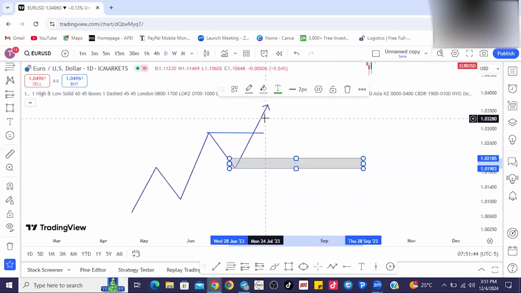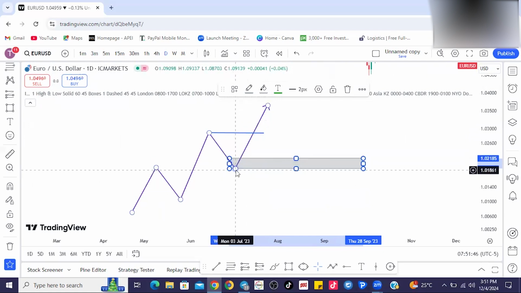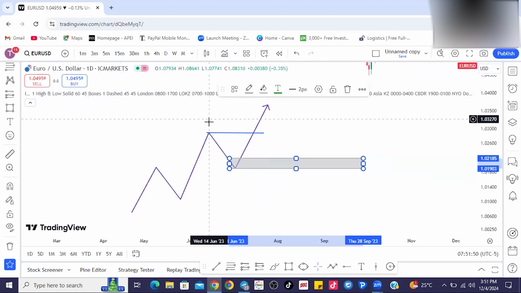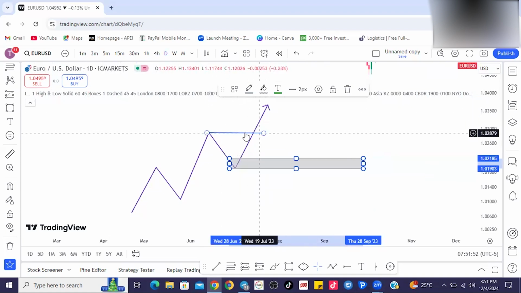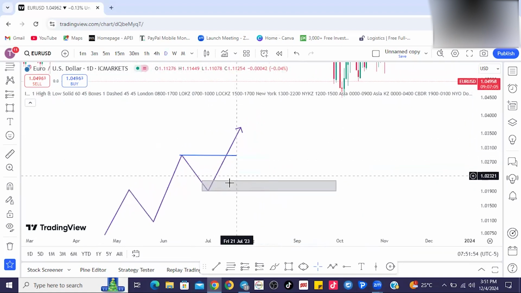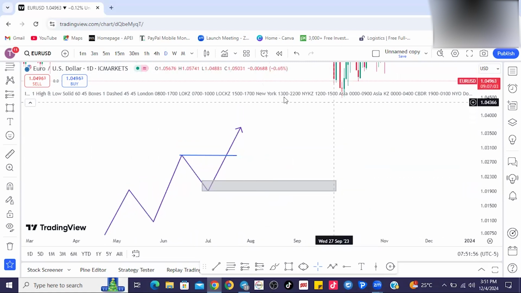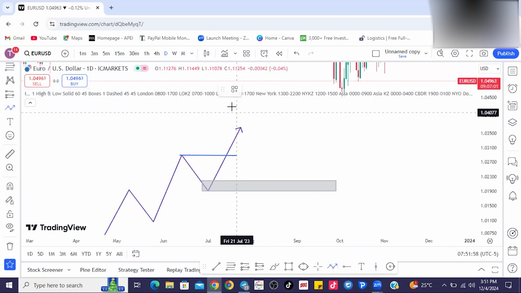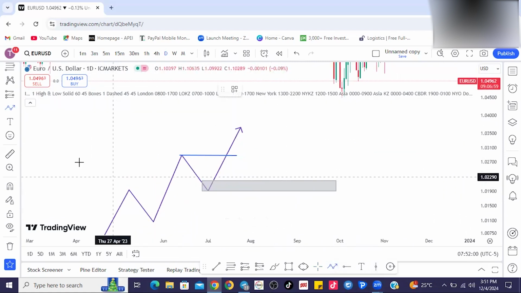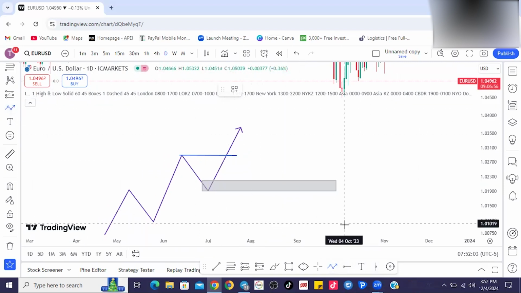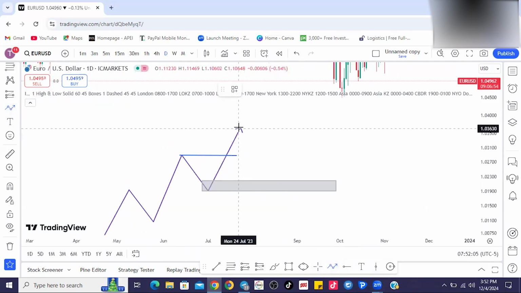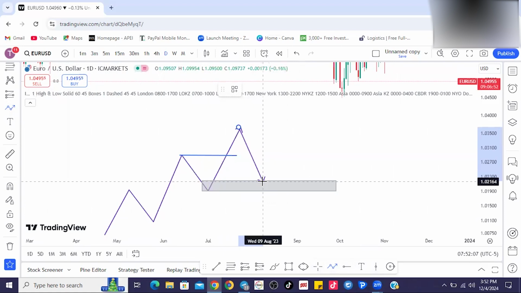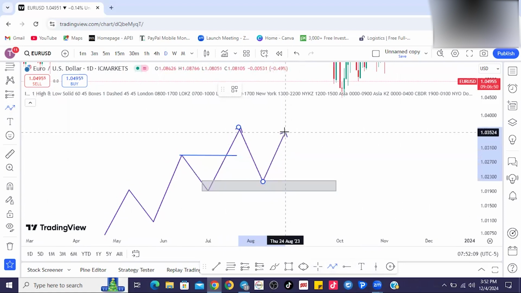Then we come below and look at the last sell candle before this price move that created a BMS, a BOS or a sweep of liquidity, and this becomes the bullish order block. So we anticipate the price to come to this level, and then we anticipate a buy.